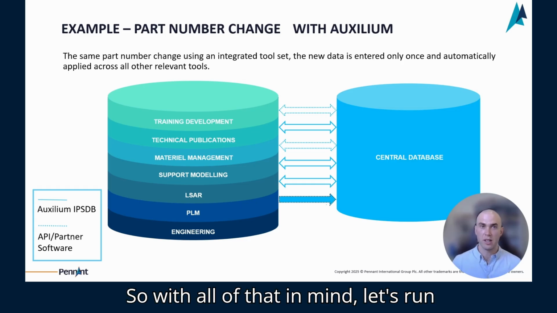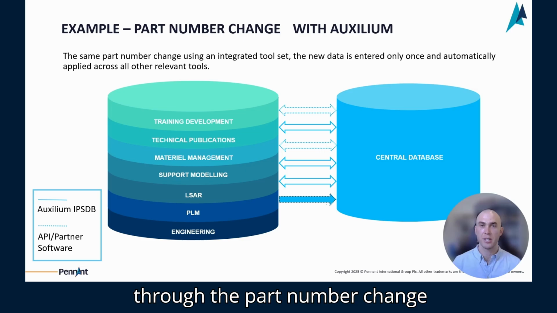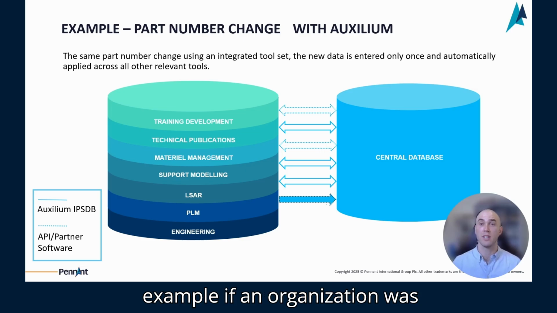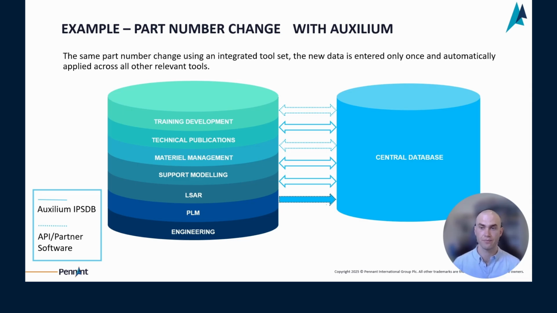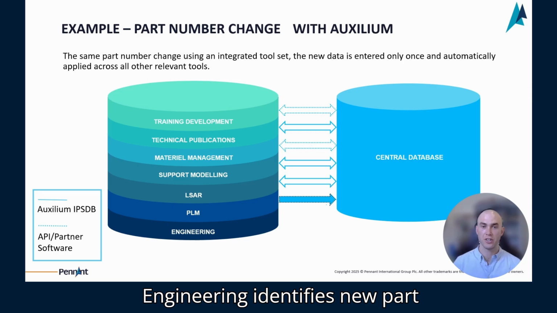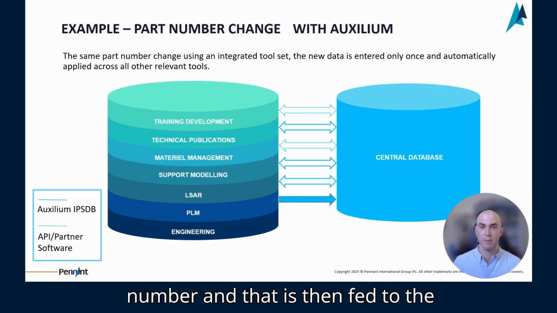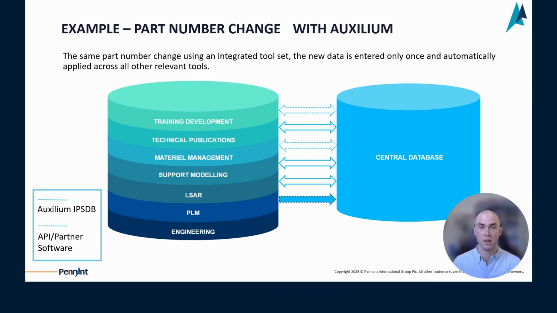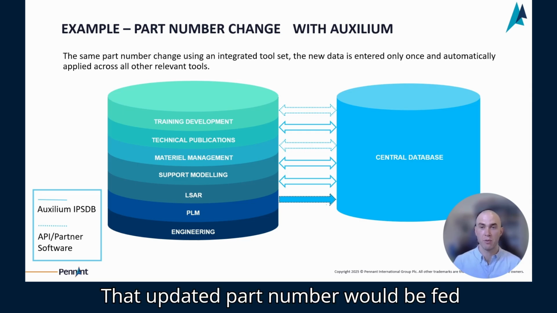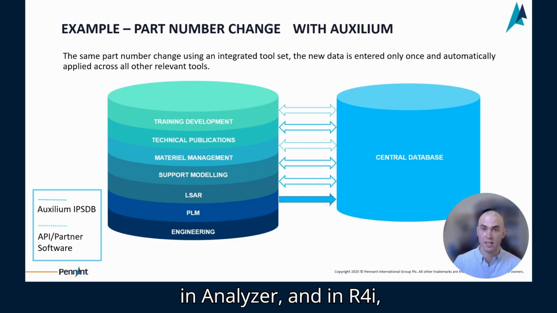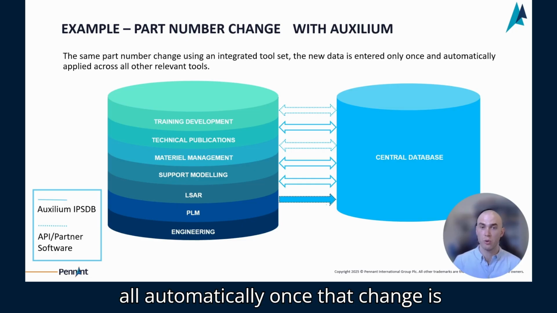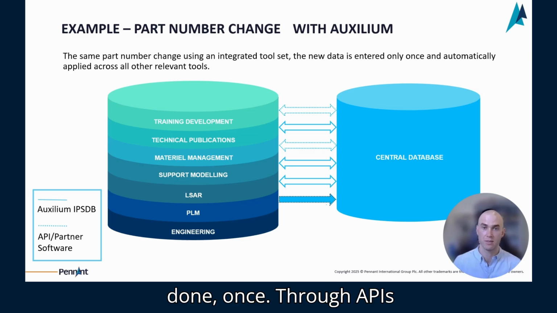So with all of that in mind, let's run through the part number change example if an organisation was using the Auxilium tool suite and its complementary partners. Engineering identifies a new part number, and that is then fed to the PLM tool where it gets approved. That updated part number would be fed into the central database and updated in GenS, in Analyzer, and in R4I, all automatically once that change is done once.